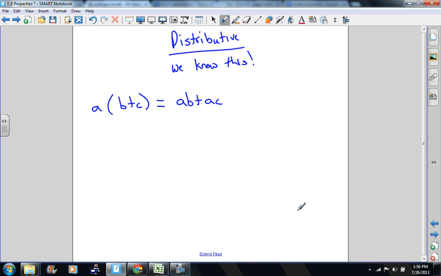And we already know the distributive property. But the book and all internet sites are going to label it like this. A times B plus C equals AB plus AC, which means 5 times 2 plus 3 is equal to 5 times 2 plus 5 times 3, which is how we've always done it.